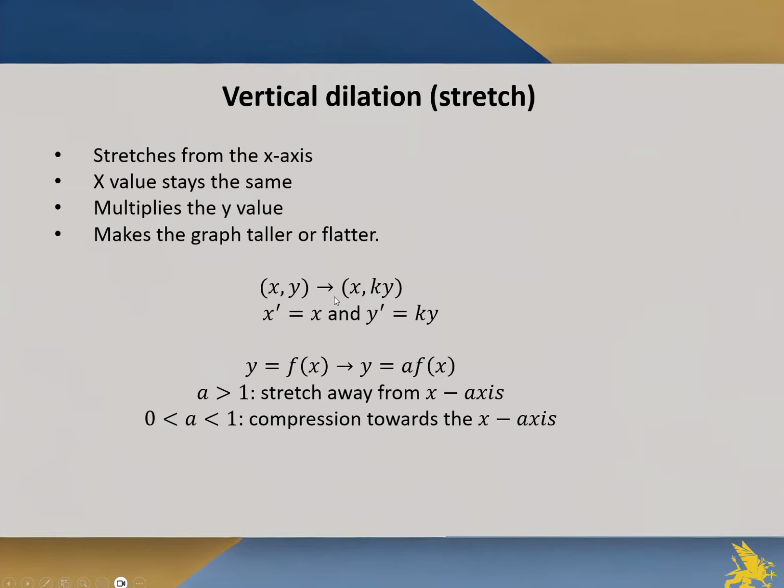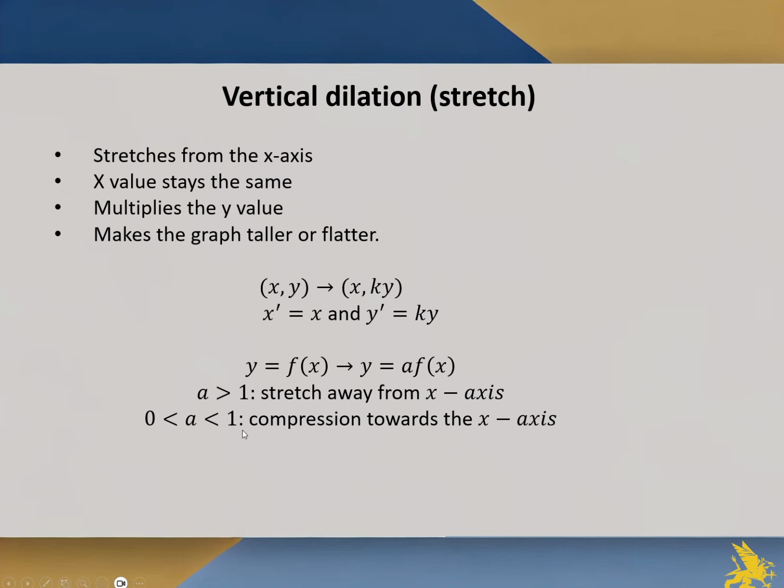Another way of thinking about that in terms of this graph is that our x and the new x value stays the same. It's the y value that is going to change. So whatever our y value was would be times by the scale factor of k.